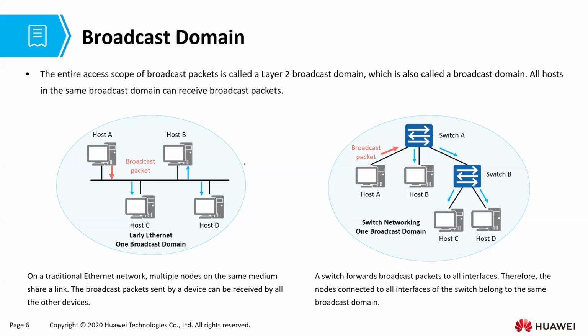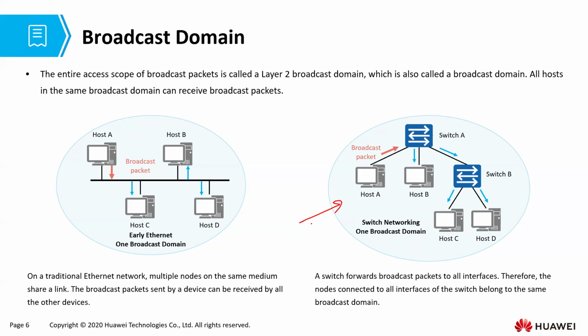So when we talk of a broadcast domain, you realize that even if per network here we have multiple collision domains, a layer 2 device, which allows us to switch, separates my collision domains, but the broadcast remains only one broadcast domain.